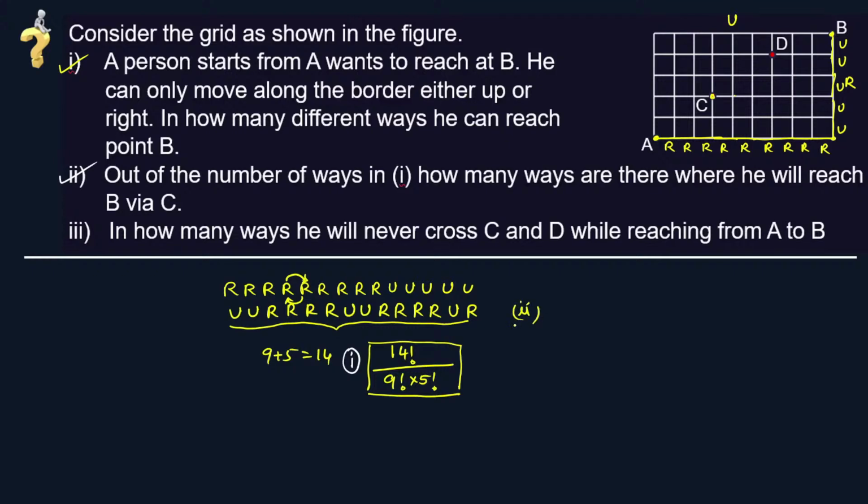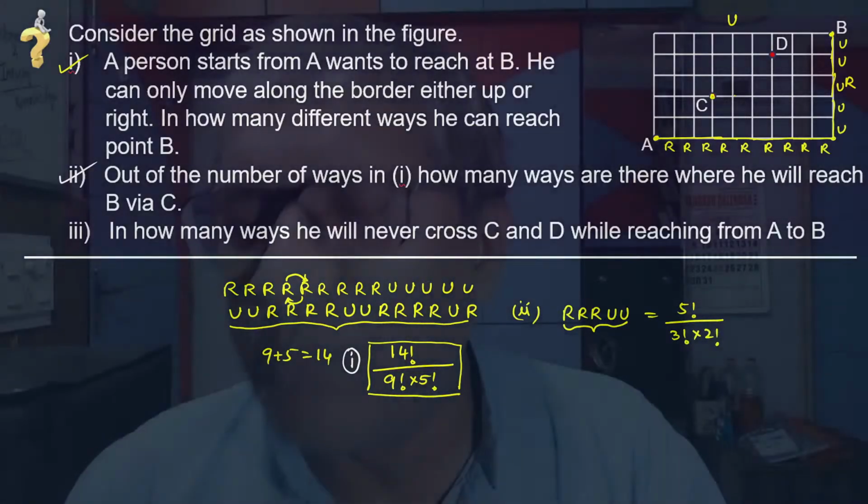So first we will consider how many different ways there are for that person to reach from A to C. Look carefully. There are 3 right movements to reach C from A, and there are 2 up movements. So if we arrange all those movements, the total number of ways is going to be factorial 5 divided by factorial 3 into factorial 2.